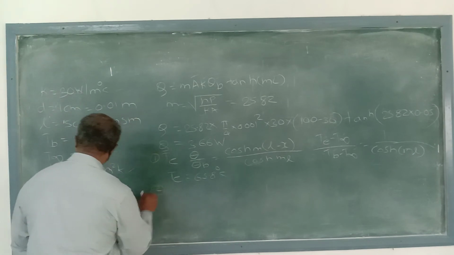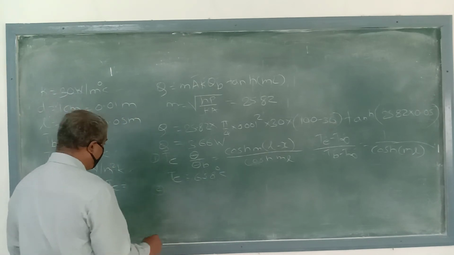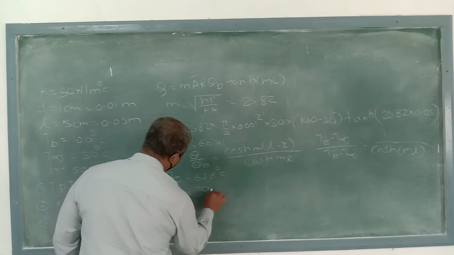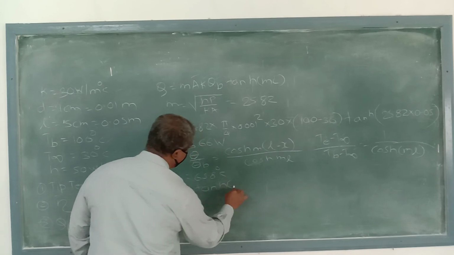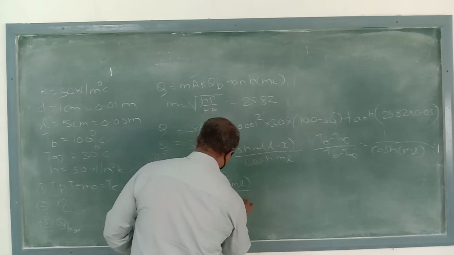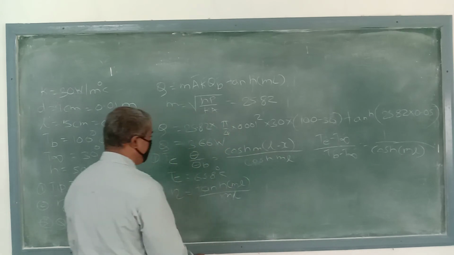So the second unknown, they are asking you to find the efficiency. So efficiency is equal to tan hyperbolic ml upon ml formula. Okay.